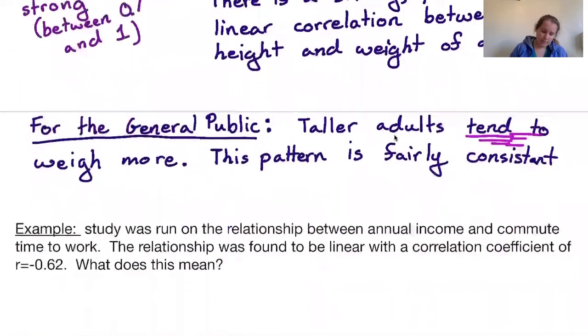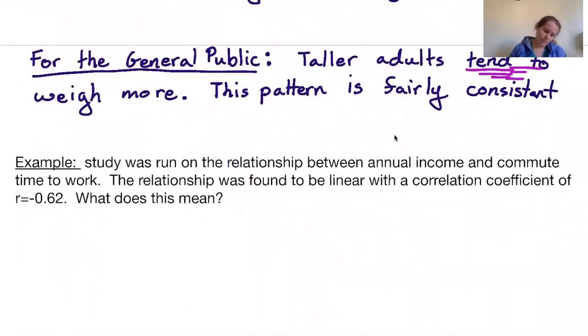Next up, we have another example. A study was run on the relationship between annual income and commute time to work. The relationship was found to be linear with a correlation coefficient of R equals negative 0.62. And we want to know what this means.